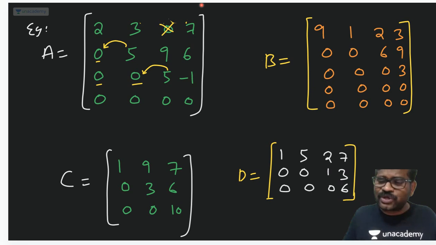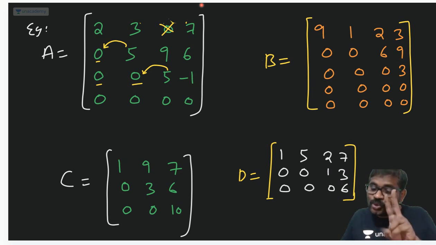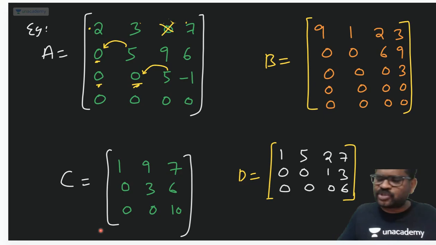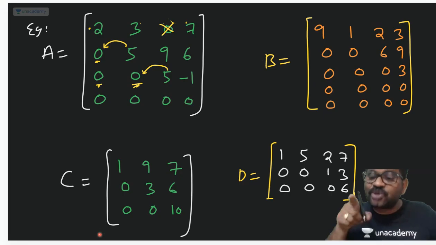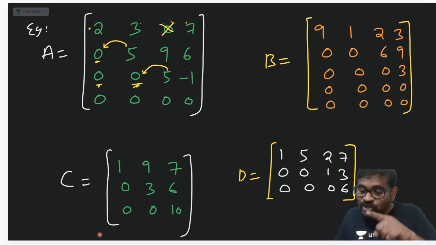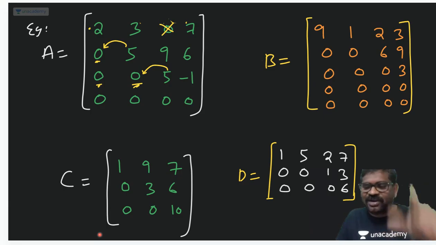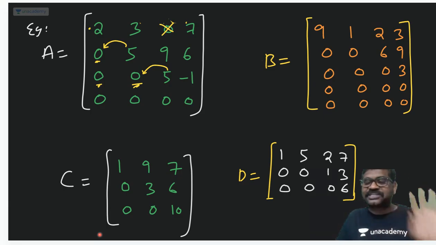Second row, one zero. Third row, two zeros. Only in non-zero rows you have to count number of zeros before non-zero element, whether they are increasing or not. That is our first condition. If they are in increasing order, it satisfies first condition.